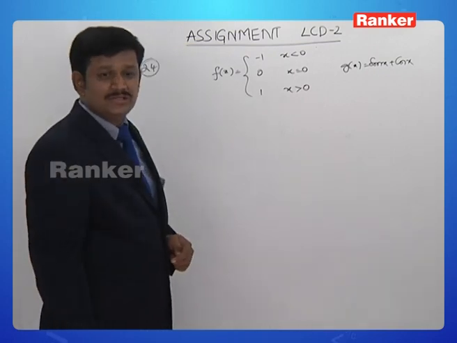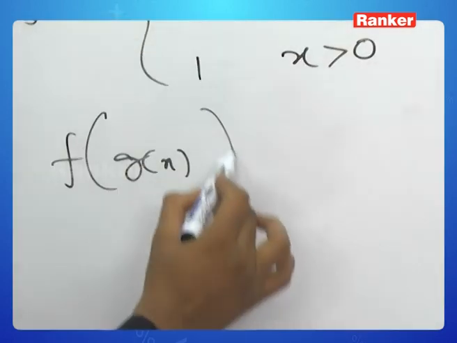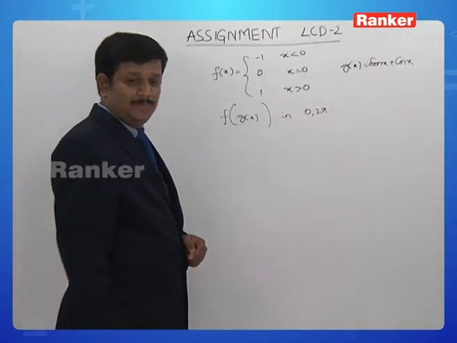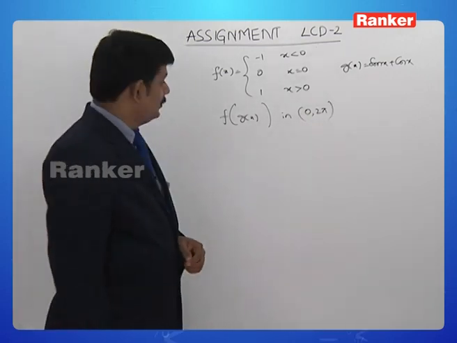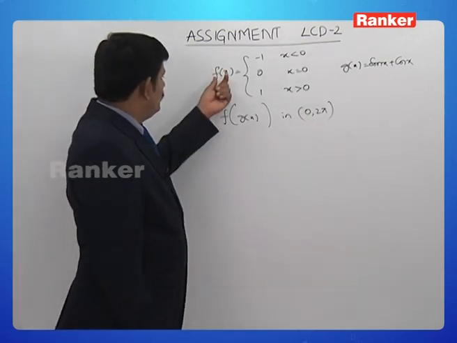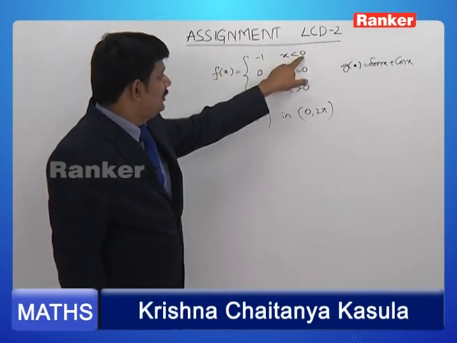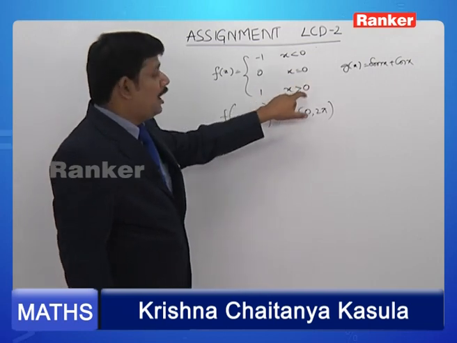We need to discuss continuity of f of g of x in 0 to 2 pi, and both the numbers are excluded, 0 to 2 pi. Now, to talk about f of any number, we need to know whether that number is less than 0 or equal to 0 or greater than 0.